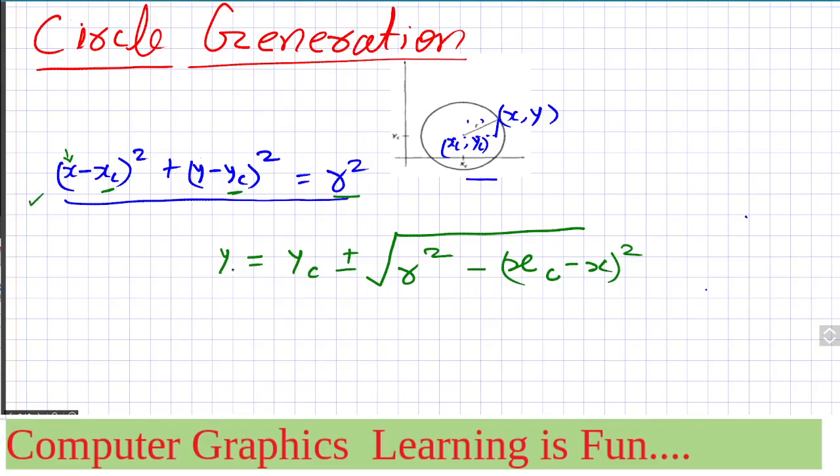So now you can keep a value of x. You are aware that r is given, xc and yc are given, and if you use some value of x, you can easily find the value of y. Now the question is which value of x should be used, right? You understand this is the center point xc. xc minus r is this point, and xc plus r is this point, right?